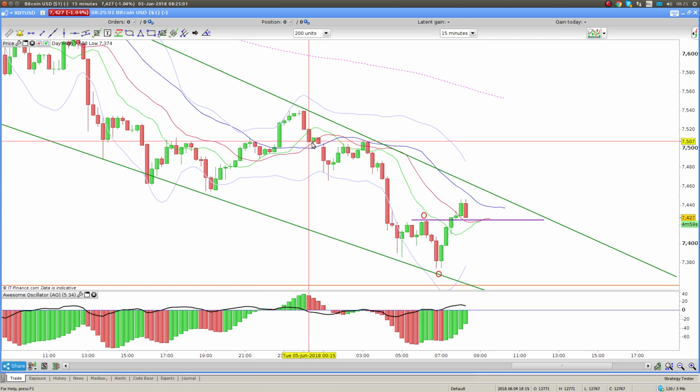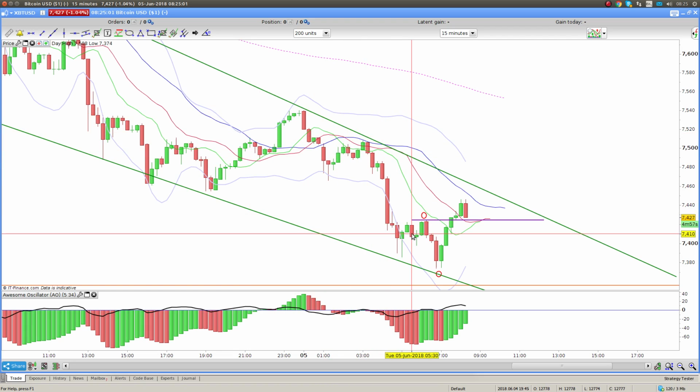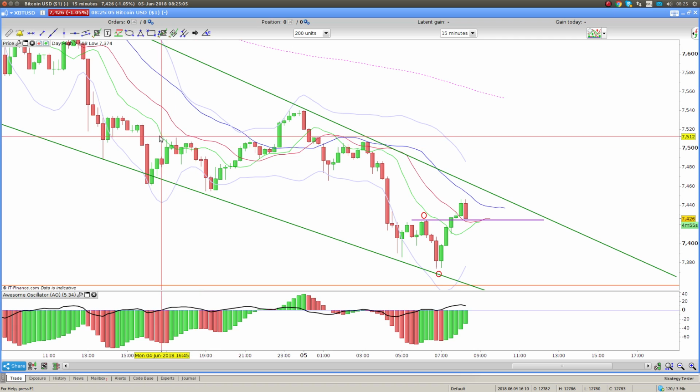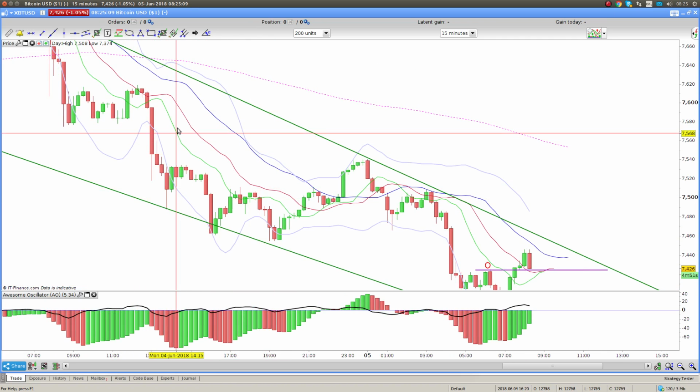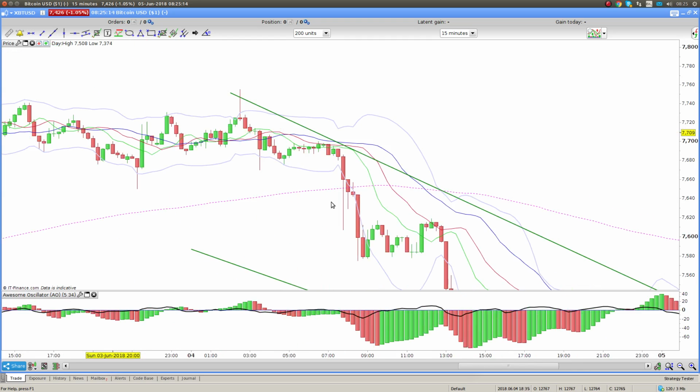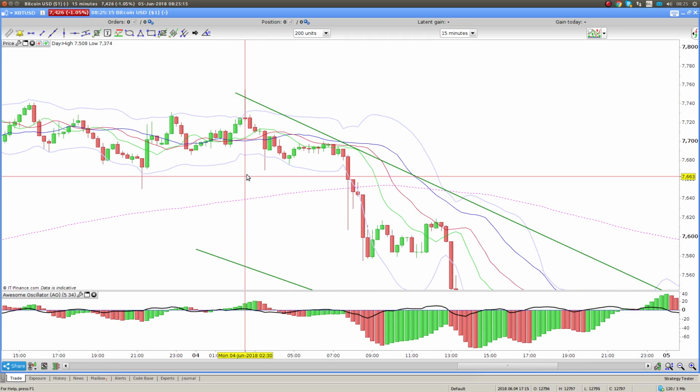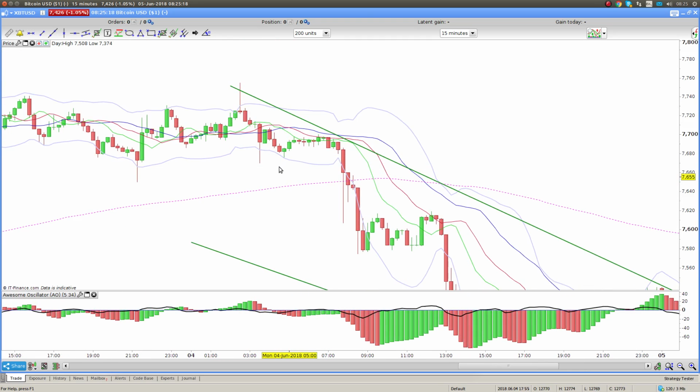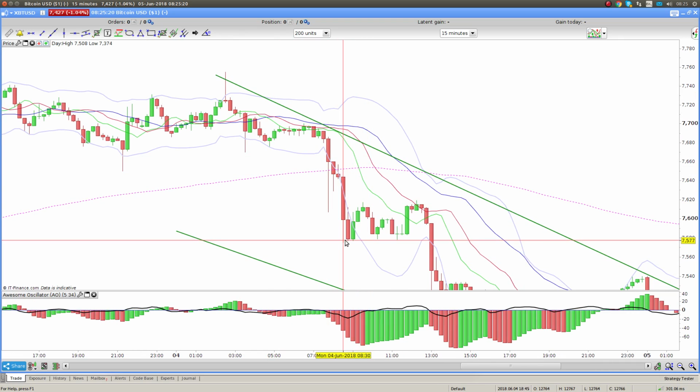moved to the upside, but that fractal break failed. Okay, so you typically want to see these fractal breaks on the opposite, on the right side of the alligator. So for example, if we were trading fractal breaks here, here's a fractal break over here. So this is a fractal.